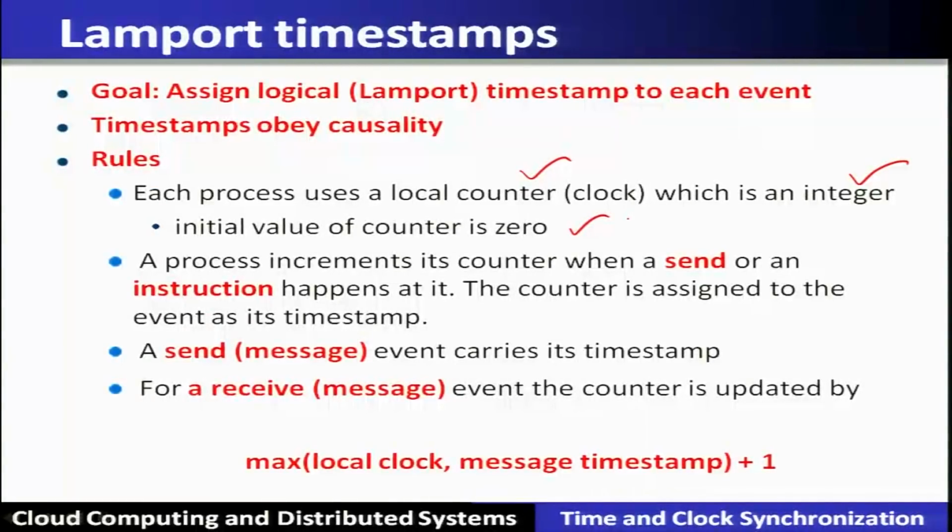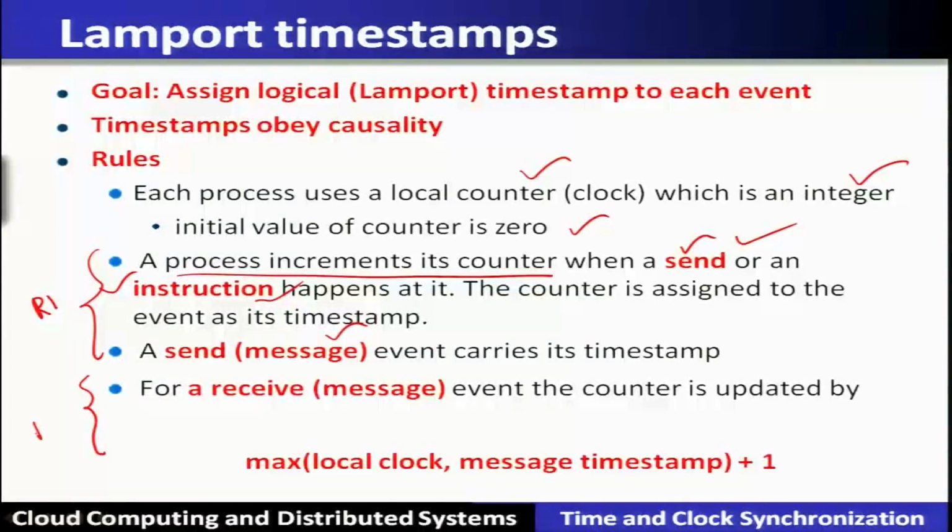A process increments its counter when it executes a send of a message, or when the internal execution of an event happens within that particular process. The counter is assigned to the event as its time stamp. So, the process increments its counter whether it is an internal event or a send of a message event, and this particular time stamp will be carried with the message. So, this is rule number 1.